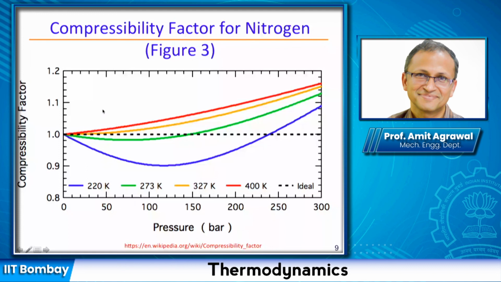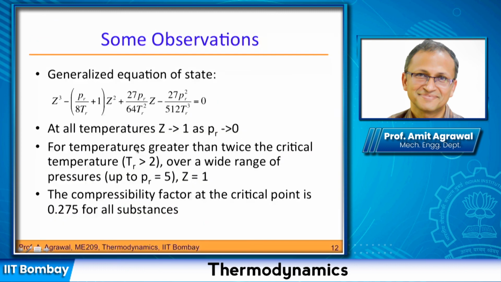So that means what we are now saying is that for temperatures greater than twice the critical temperature, TR greater than 2, over a large range of pressure, all the way to PR equal to 5, you are finding that Z is equal to 1.